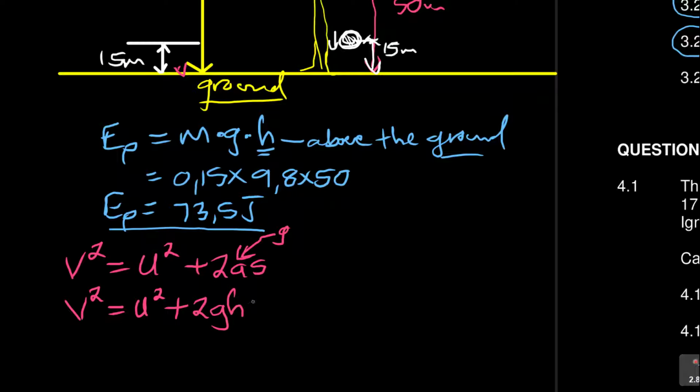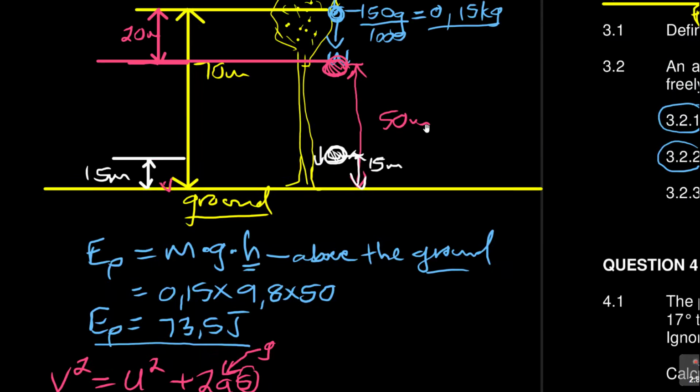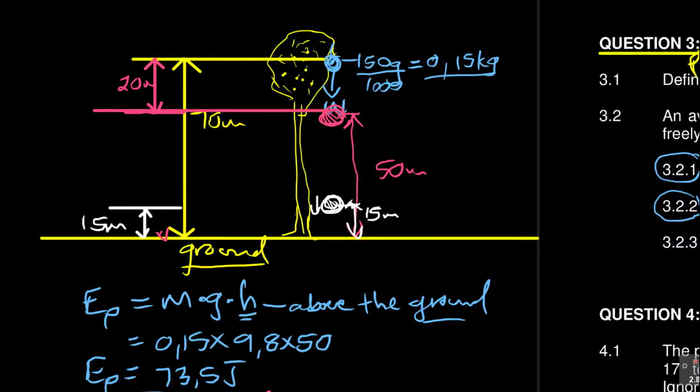And now we need to be careful with this height in this case. Let me remove the height and call S here the displacement along the y-axis. I'll call it SY, meaning the distance it has moved from the top up to 15 meters. So what you need to ask is, what is the distance that this avocado moved?